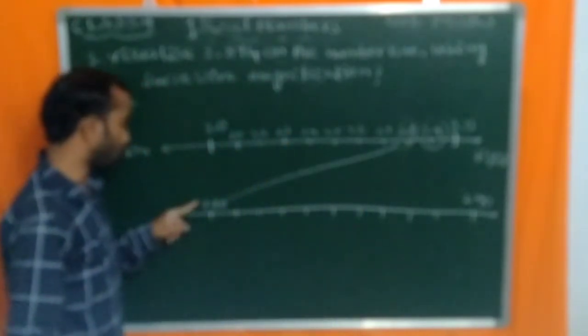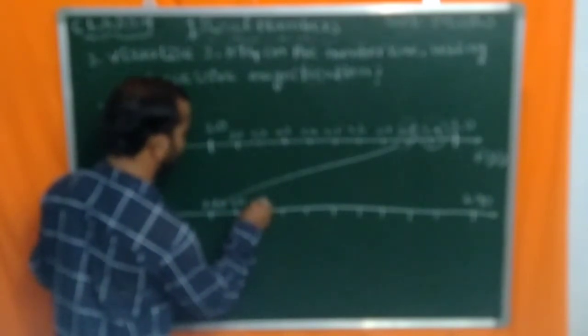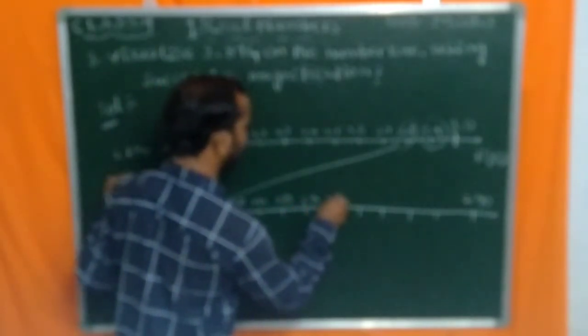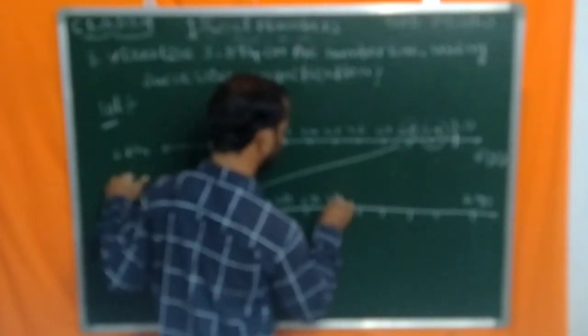First is 2.80, next 2.81, 2.82, 2.83, 2.84, 2.85, 2.86, 2.87, 2.88, 2.89.